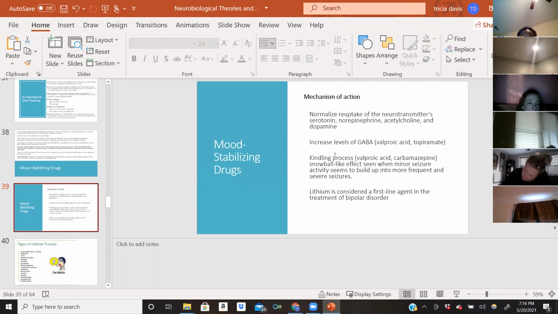So the mechanism of action for our mood stabilizing drugs: they normalize the reuptake of the neurotransmitters serotonin, norepinephrine, acetylcholine, and dopamine. They increase levels of GABA. This would be your valproic acid and then your topiramate. There is something called a kindling process. It's a snowball-like effect that is seen when there's minor seizure activity.